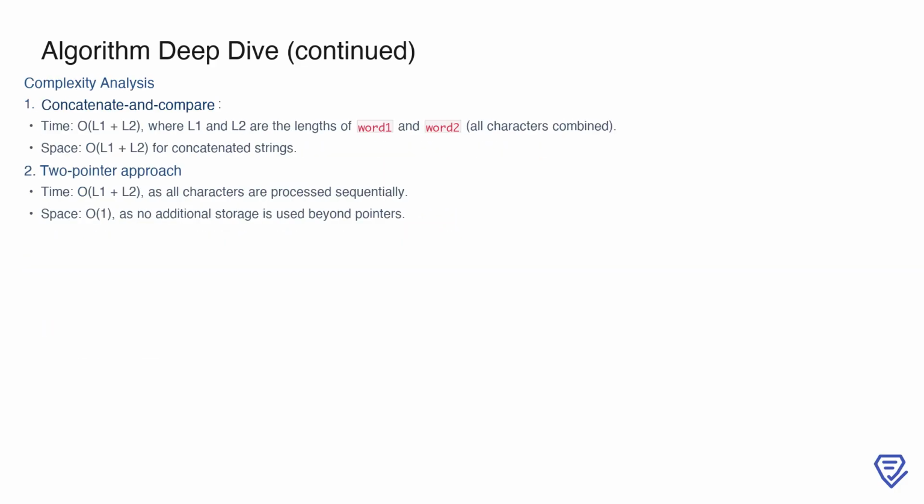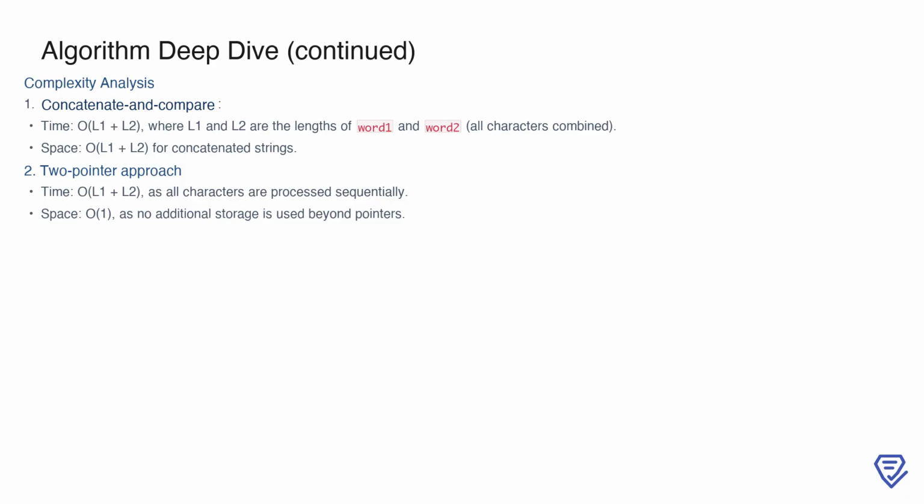In terms of complexity analysis, both approaches have a time complexity of O(L1 + L2), where L1 and L2 are the total lengths of word1 and word2. This is because every character in both arrays is processed exactly once. However, the space complexity differs significantly between the two methods.